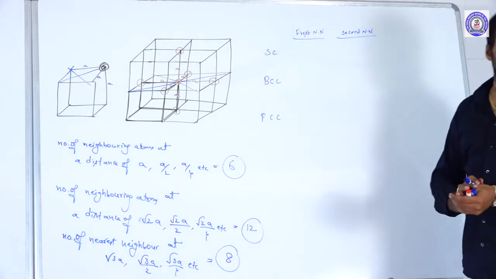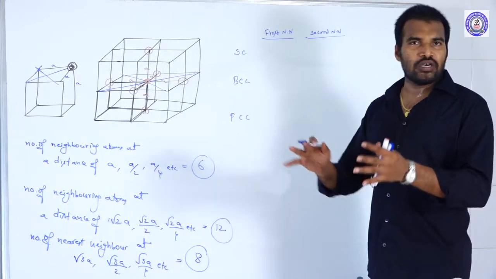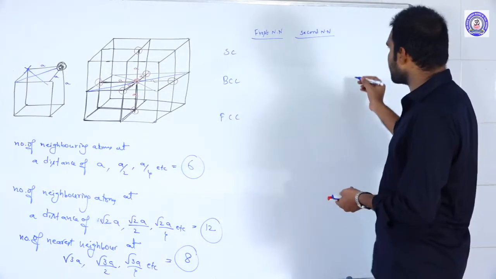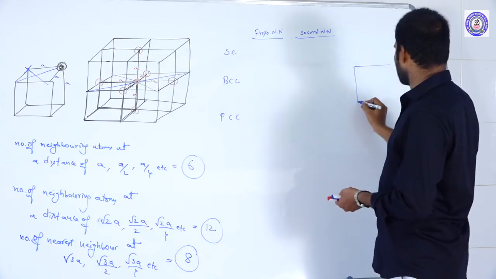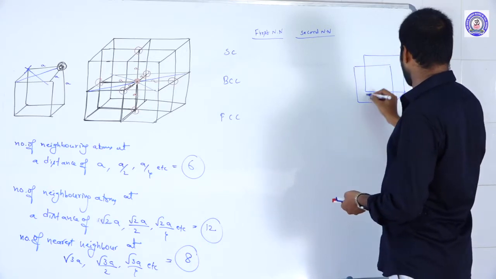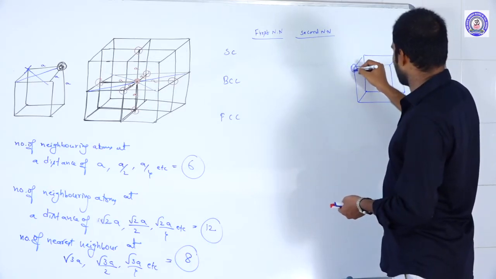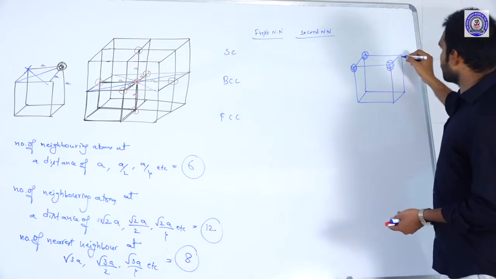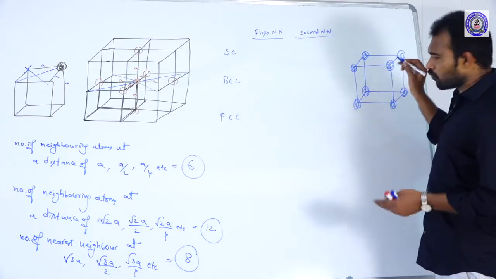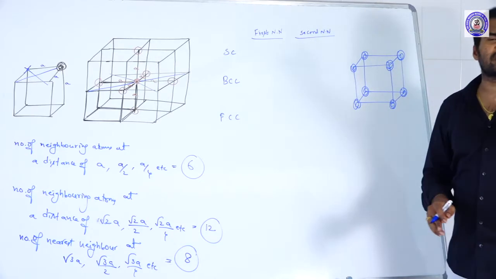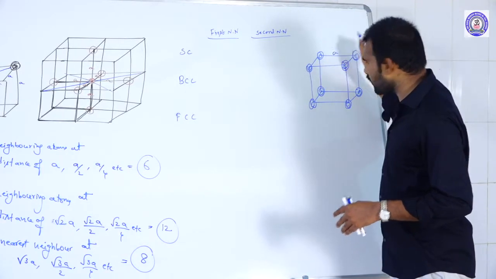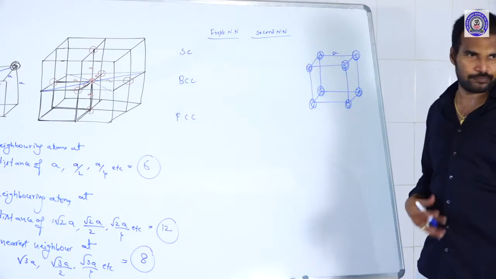Yes, simple cube is nothing but what? Atoms are present only at the corners. If atoms are present only at the corners, what is the shortest distance? Shortest distance definitely should be A only. There was no other shortest distance between them.